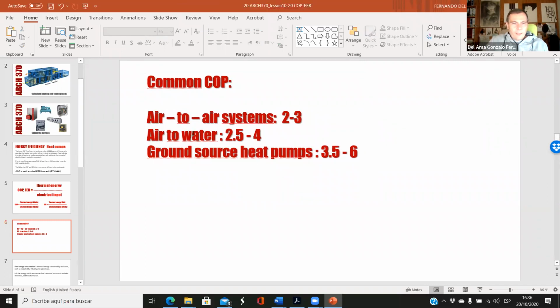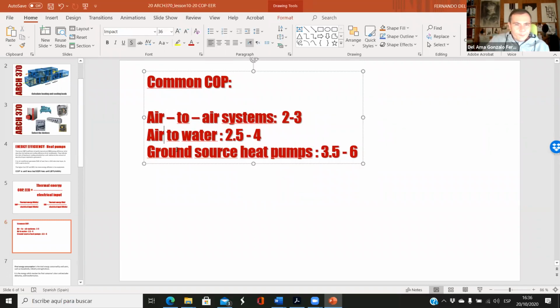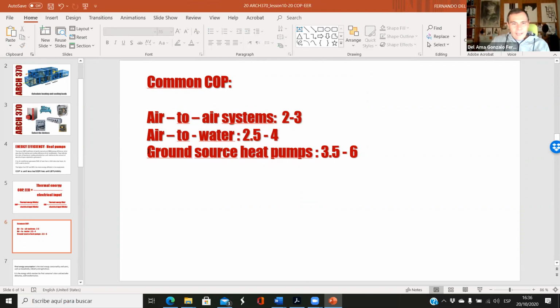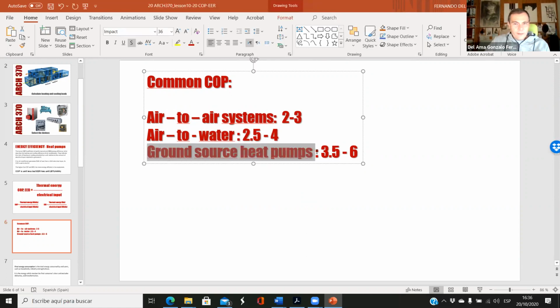Okay. So if we can choose ground source heat pumps, it's better because the COP is the highest. Of all the heat pumps that we have available in the market, ground source heat pumps are the most efficient.